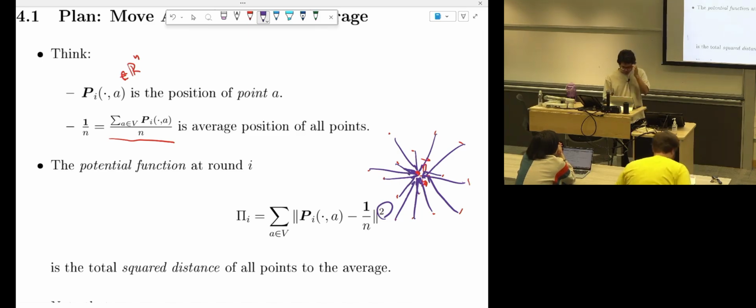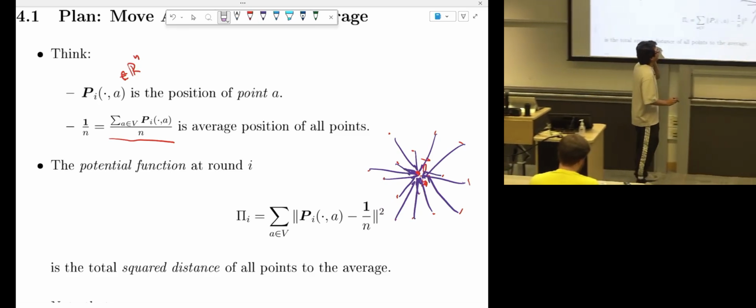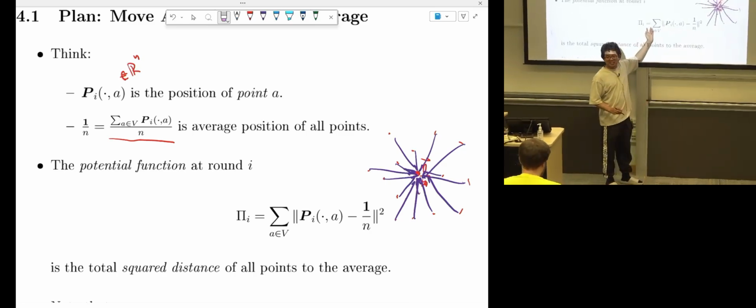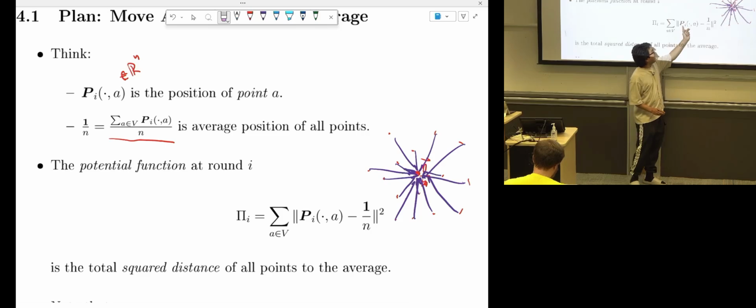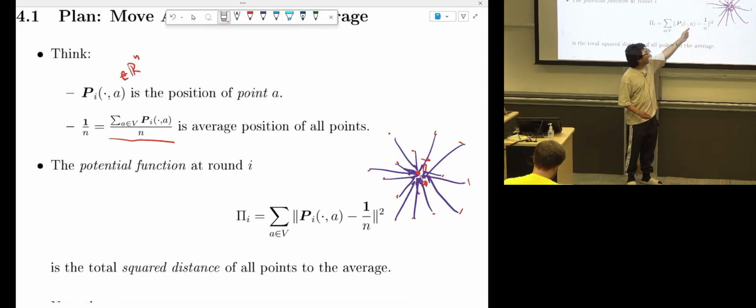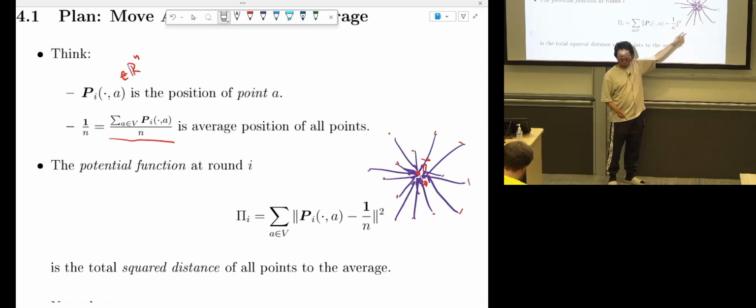So why is this good? Suppose that my potential function is 0. Then I claim that we are done. When the potential function is zero, it means that PI, the point at A, is just the R1 vector.